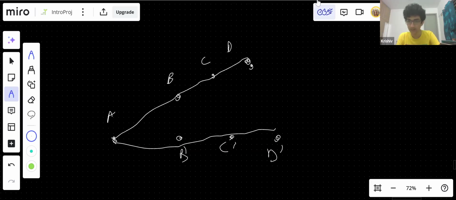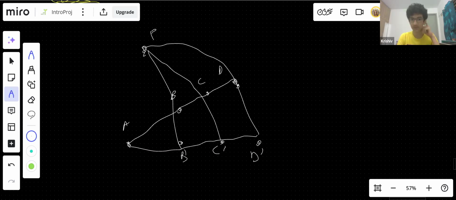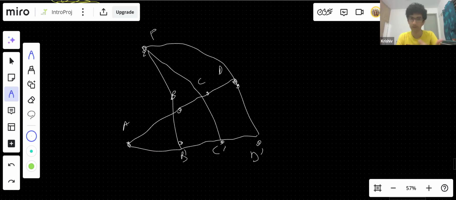We are not assuming it's -1 by the way, just some random cross ratio, and the cross ratio is equal. Then BB dash, CC dash, and DD dash concur at a point P. Why is this true? Because you can project through P. This is the converse of projection, so it's just trivial. Some handouts for projective geometry, you can do EGMO.